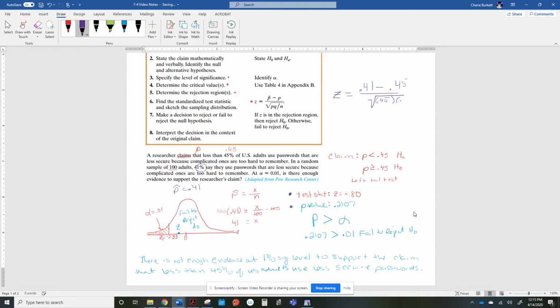And I believe that's going to be 0.55. And then you multiply those two together, and then you divide that by N, and in this case, N is 100. So 0.45 times 0.55 divided by 100, and then you take the square root of that.